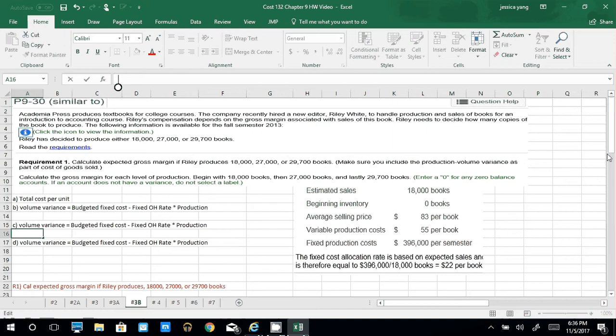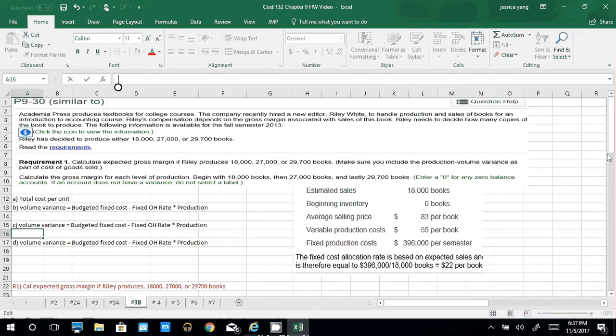Calculate the gross margin for each level of production. Begin with 18,000 books, then 27,000 books, and lastly 29,700 books. Before we can do the requirements, we must first find the total cost per unit and the volume variances under 18,000 books, 27,000 books, and 29,700 books.